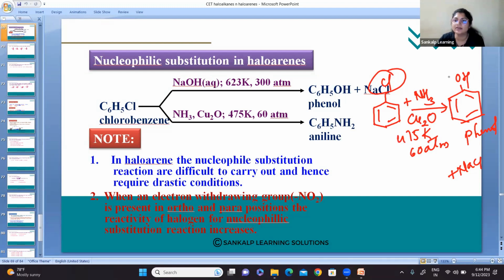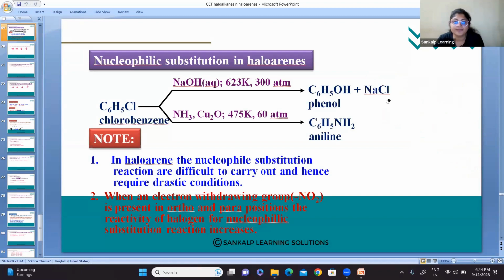How does it form aniline? The Cl is replaced by the NH2 group. So it forms aniline. So aniline is the product which is obtained. Like this is the reaction.